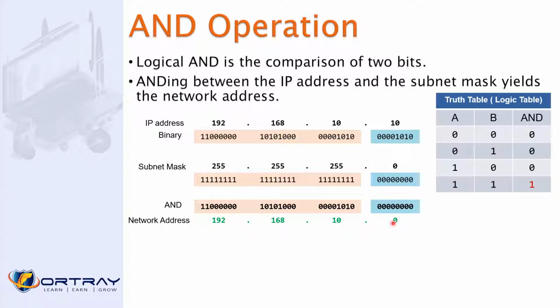So basically, if you want to calculate the network address of your machine or router, it does the AND operation, taking the IP address and the subnet mask. With the help of the subnet mask, it finds what my network address is, what my network ID is, or what my subnet ID is. So keep in mind these three terms: network ID, subnet ID, or network address. It's the same thing.